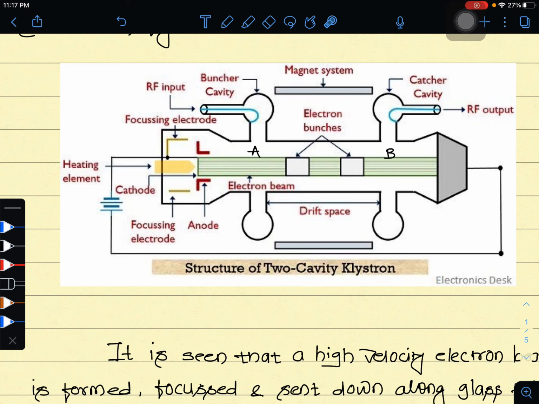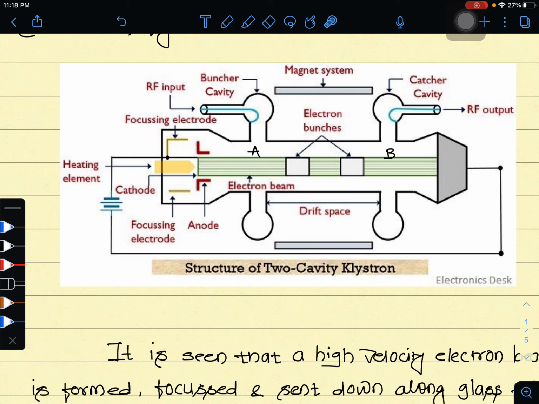Okay, now what about the velocity of those electrons? The velocity of the electrons in the beam is determined by the beam accelerating potential.